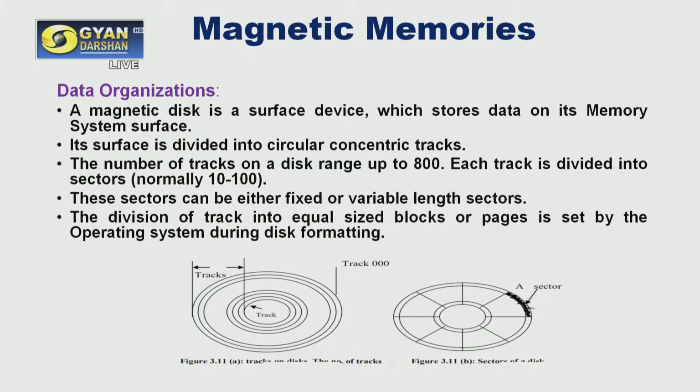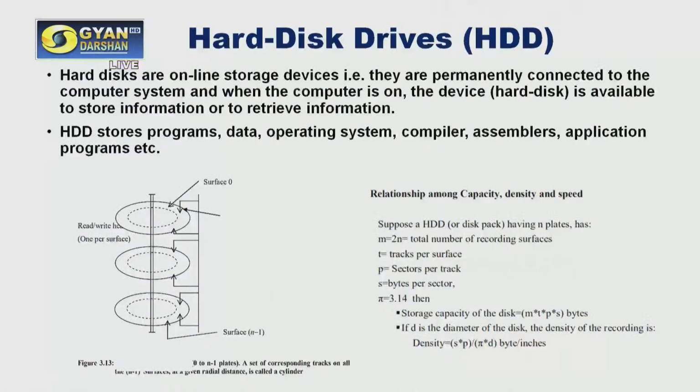In the upcoming sessions, we are going to understand how the data is stored in the tracks and sectors, and we are also going to explore how hard disks are composed, what the cylindrical structure of the hard disk is, how the data is stored in tracks and sectors, and how the data is accessed.